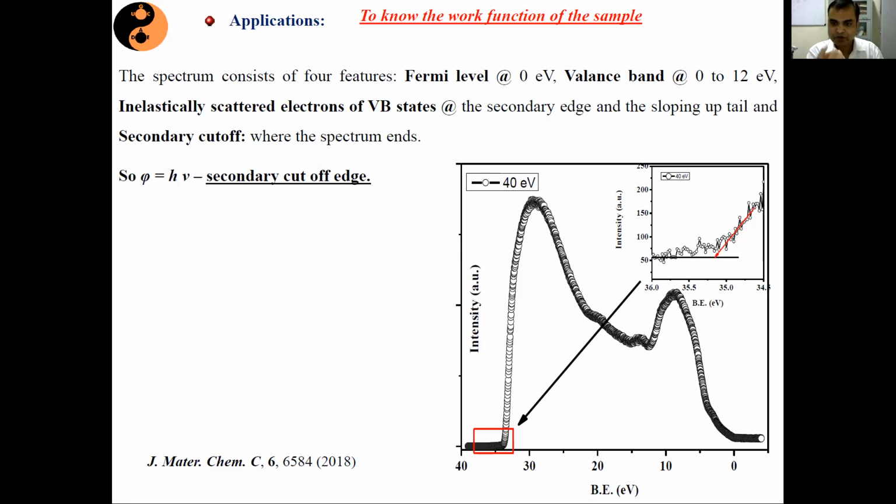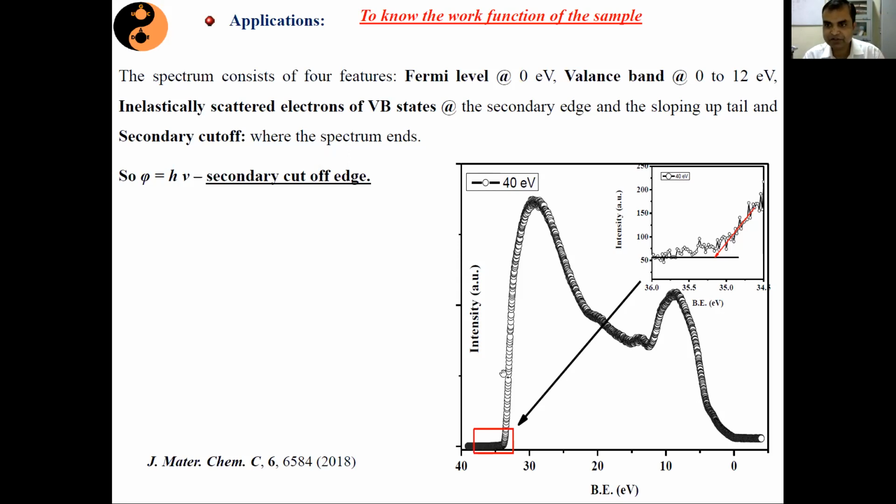This is how we define the work function. Those free electrons which are just available to eject with the minimum energy. So if I can probe that particular electron, then we can measure the work function of the given material.